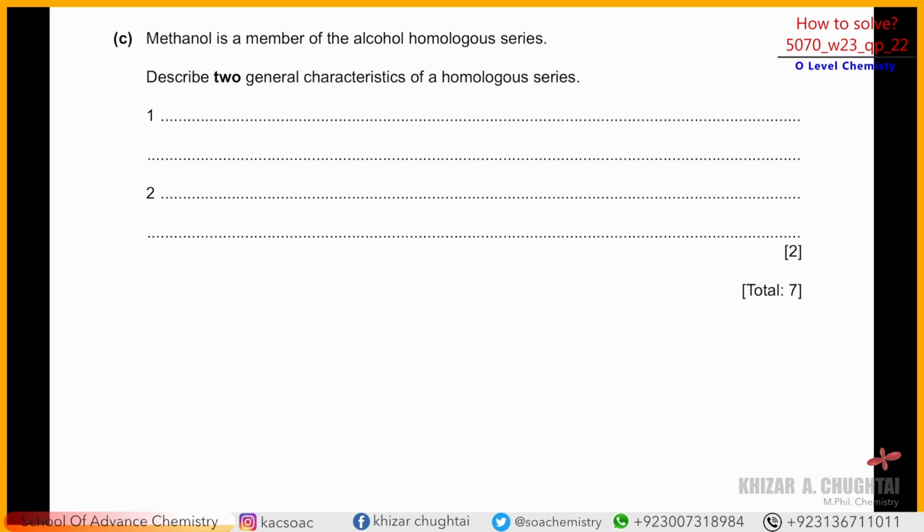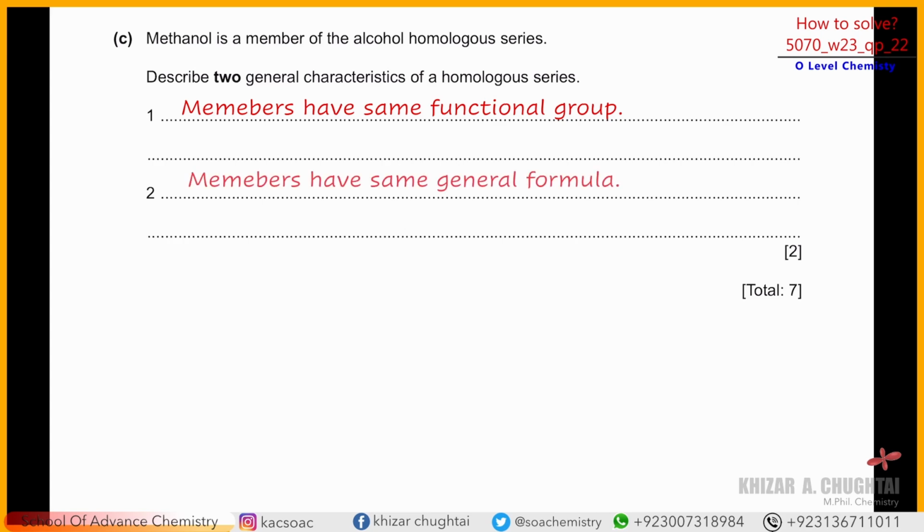As we trickle down the series, physical properties are going to change, and all members of the homologous series have the same chemical properties. So first of all, all members have the same functional group, all members have the same general formula.